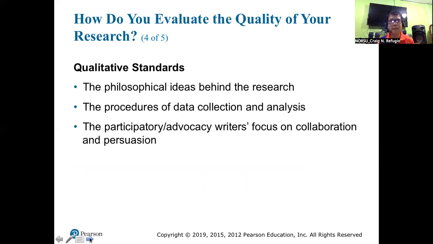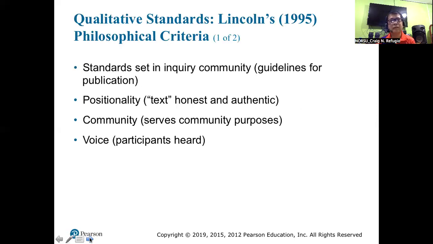In terms of qualitative standards, the philosophical ideas behind the research, the procedures of data collection and analysis, the participatory advocacy writers focus on collaboration and persuasion. Qualitative standards, according to Lincoln's 1995 philosophical criteria. Standards set in inquiry community, so guidelines for publication. Positionality, text, honest and authentic.